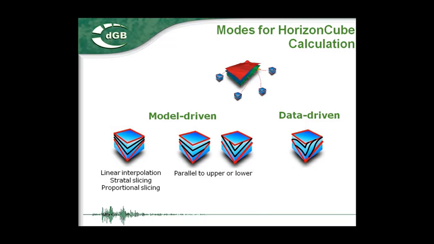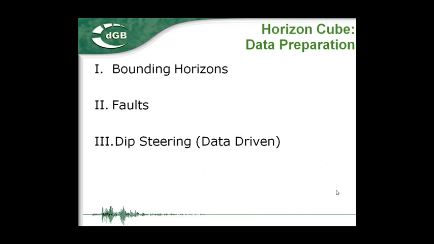And you also have the data-driven model, which uses the bounding surfaces as a top and a bottom, but it uses the steering cube to look at the dip and the azimuth of each trace, and it will drive the chronostratigraphy, or the HorizonCube, the horizons, along the seismic in that manner.